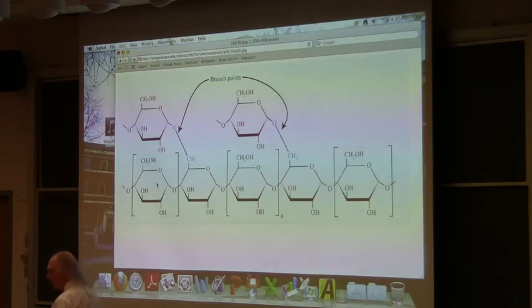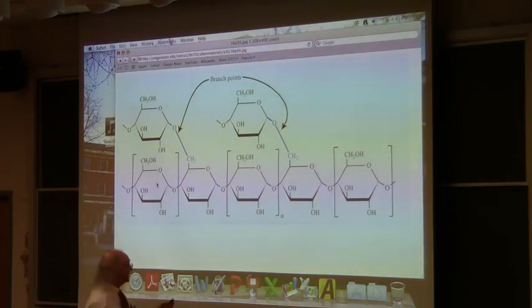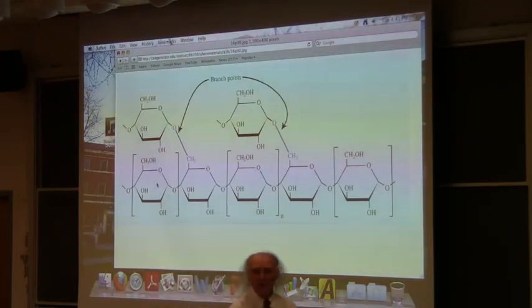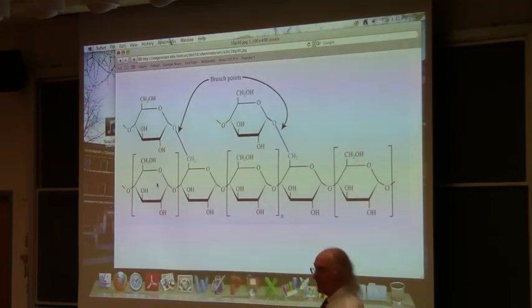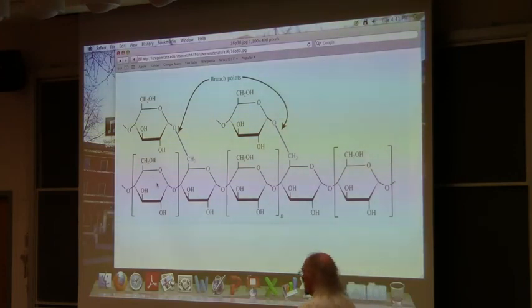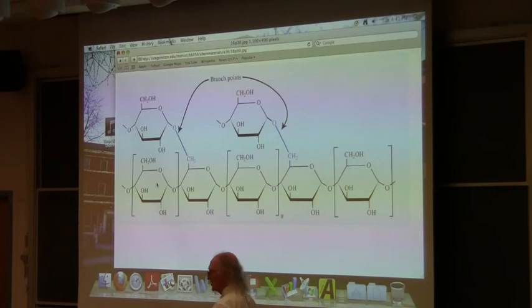Amylopectin, A-M-Y-L-O-P-E-C-T-I-N. Amylopectin is like glycogen. That is, it is a polymer of glucose, it has alpha-1,4 bonds, and it has alpha-1,6 branches, but it doesn't have nearly as many branches as glycogen does.